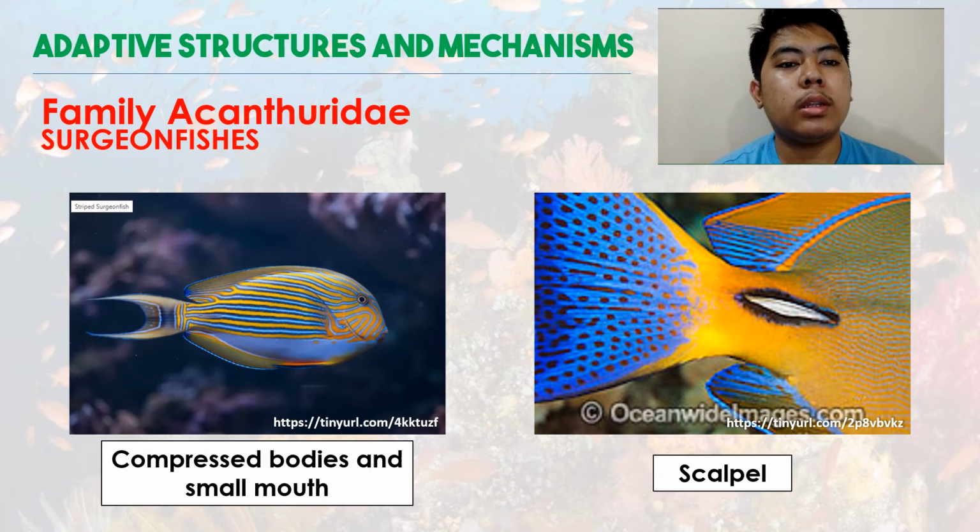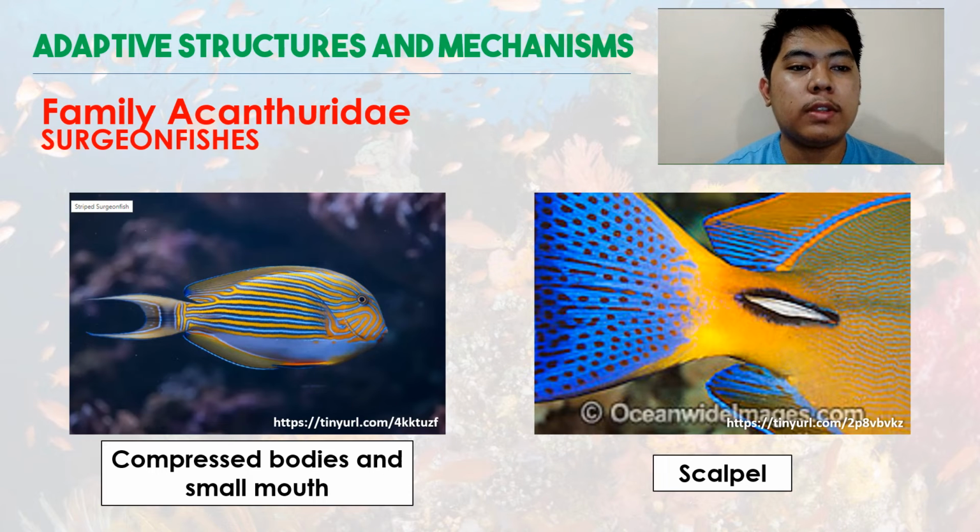This allows for easy nibbling and probing of zooplankton and benthic algae that are embedded within corals and rocks. Second is their scalpel. This is located on the caudal peduncle, and the scalpel resembles a knife, often covered with a toxic slime which can be toxic to other fishes. Surgeonfishes can also move this modified scale around for offense or defense against predators.